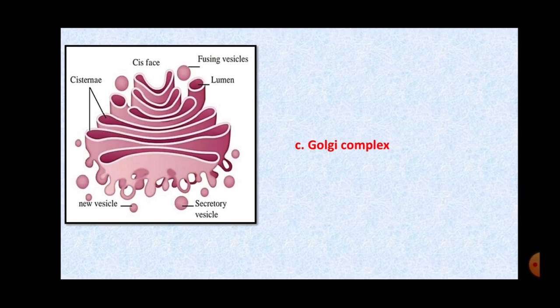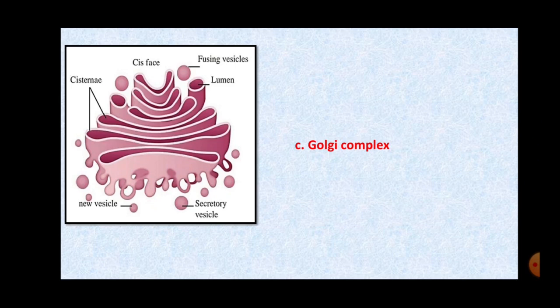Now the proteins which are synthesized in the endoplasmic reticulum are enclosed in vesicles, and these vesicles fuse with the Golgi membrane and the content is emptied in them.